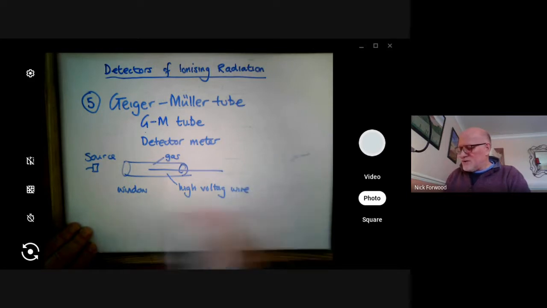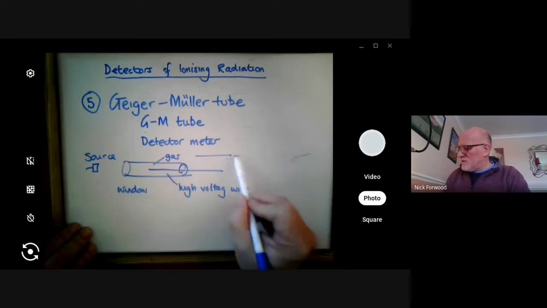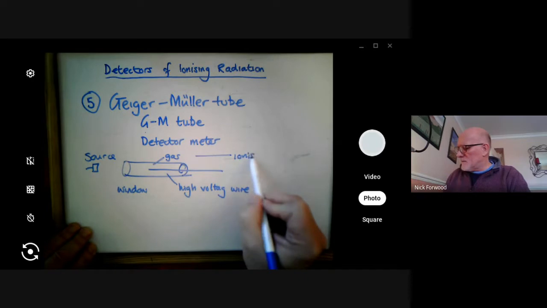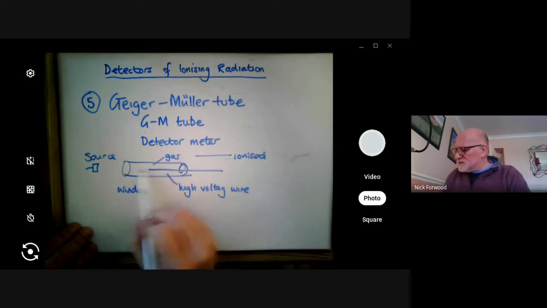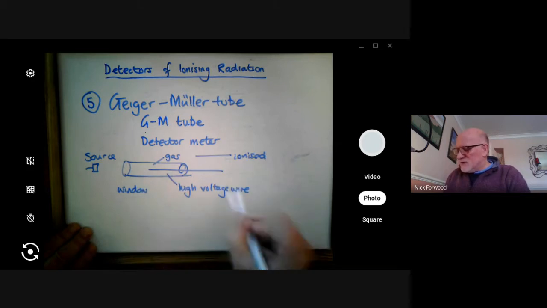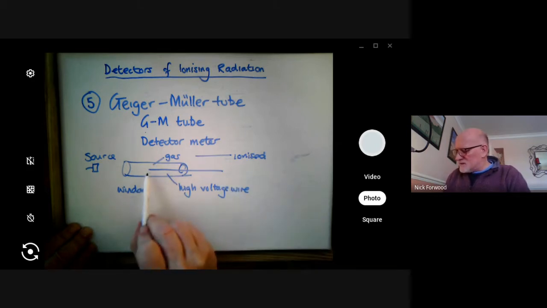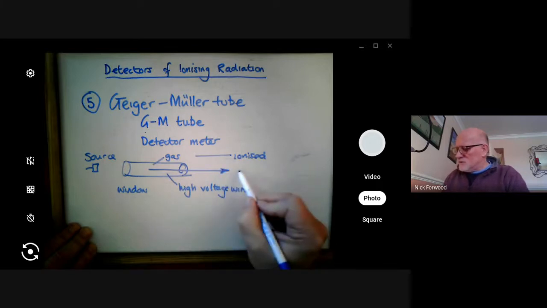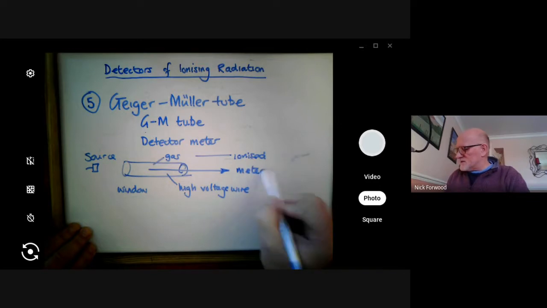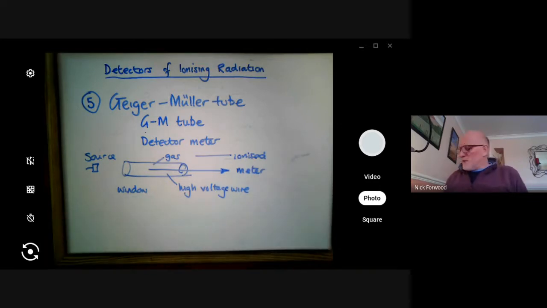And what happens? The gas is ionized, and the ionized gas is detected. Can't spell voltage. The ionized gas is detected by the high voltage wire, which sends a signal to the meter, and the meter clicks or shows you how much radiation there is with a needle.